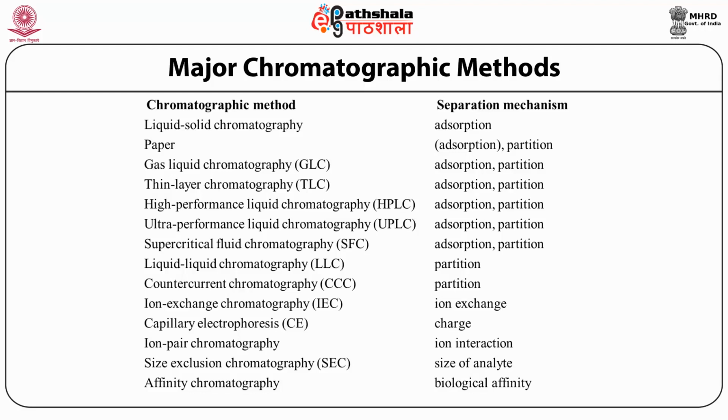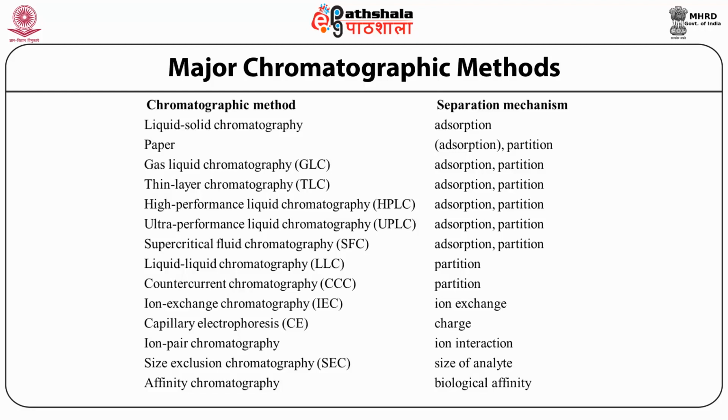Then GLC, which stands for gas liquid chromatography, TLC for thin layer chromatography, and other forms of LC have both adsorption and partition as their method of separation, followed by supercritical fluid extraction chromatography. Here we use supercritical solvents. So again, adsorption and partition remain the separation mechanism.